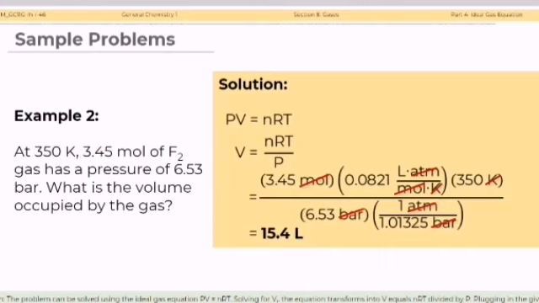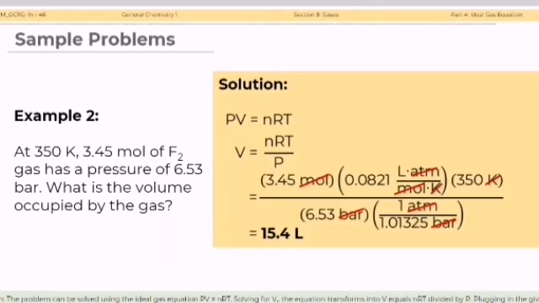Solution. The problem can be solved using the ideal gas equation of PV equals nRT. Solving for V, the equation transforms into V equals nRT divided by P. Plugging in the given values, V equals 3.45 moles times 0.0821 liter atmosphere per mole Kelvin times 350 Kelvin divided by 6.53 bar.